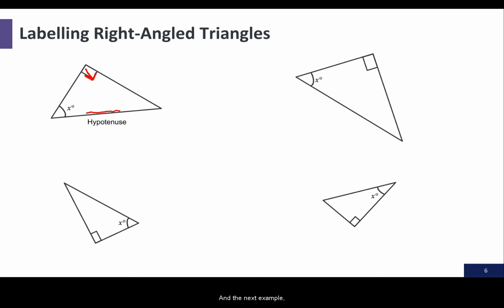And the next example, the right angle points to this side here. And again, we'll label that the hypotenuse. In the third example, the right angle points to this side here, which again we label the hypotenuse.